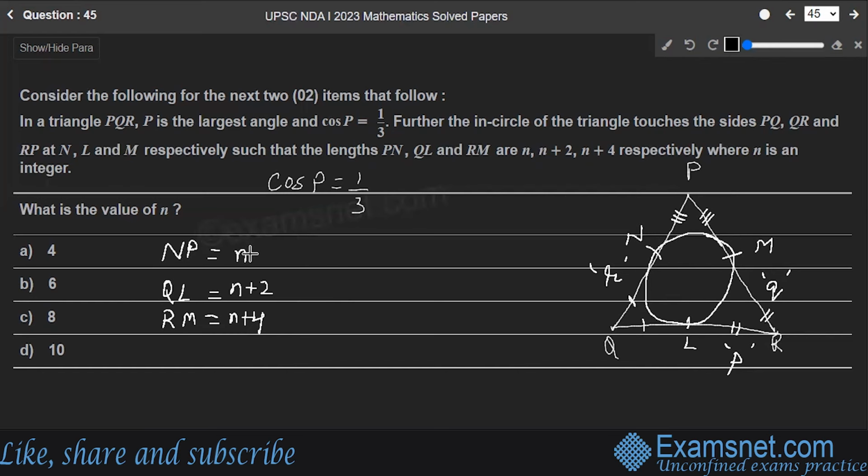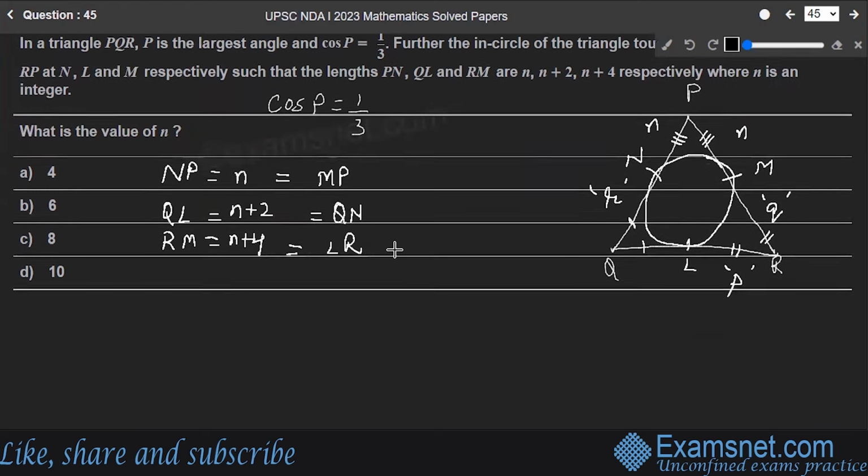Now, next thing, if NP is equal to N, then MP is also equal to N, because these two sides are equal. Similarly, QN is equal to N plus 2 and LR is equal to N plus 4, right?